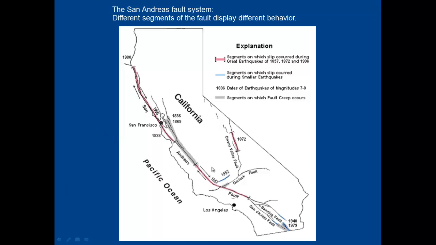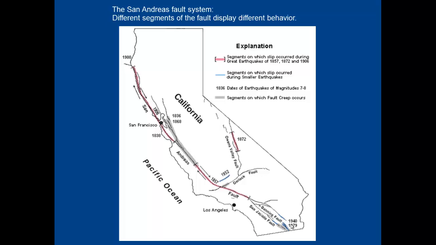In 1857, there was a fairly significant earthquake that occurred along this kind of central portion of the San Andreas Fault through the Carrizo Plain in central California. In 1906, the big earthquake occurred along the San Andreas Fault in San Francisco, but it didn't completely rupture the entire fault line. Each of these different fault segments displayed different behaviors.